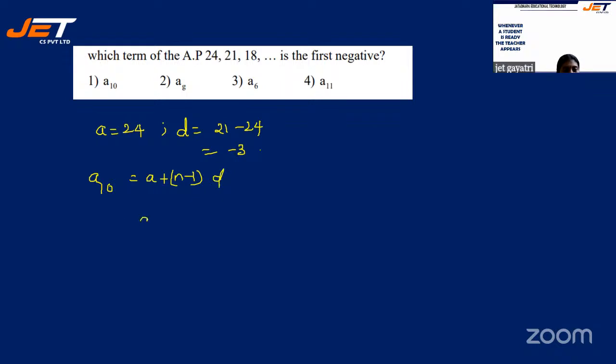A is here 24, plus n minus 1 is 9, into D is minus 3. So 24 minus 27, which is minus 3. If you put any other values, it will not come. Therefore, your answer is option 1, A10.